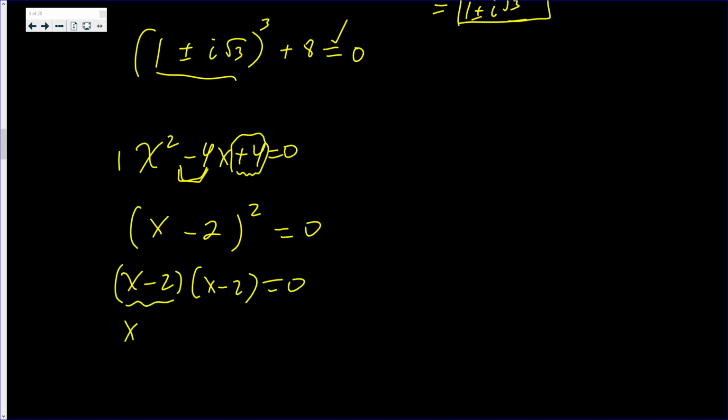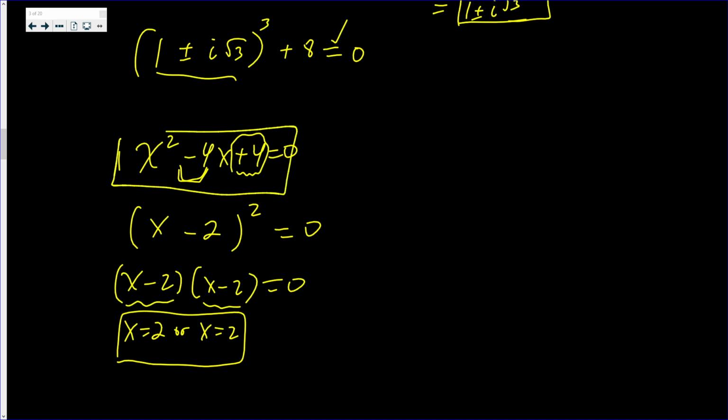So either that's 0, which is when x is 2, or when that's 0, x equals 2. x equals 2 is a double root. It isn't just one root, because a quadratic has to have 2 zeros. A cubic must have 3 zeros. An nth degree polynomial must have n roots. Like in all the cases, some can be real, some can be complex. Some can be doubled. We count them twice.